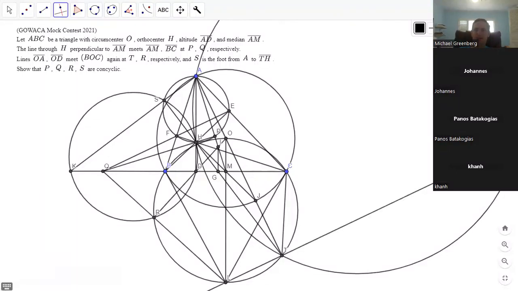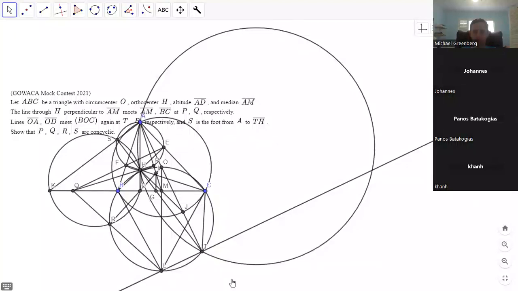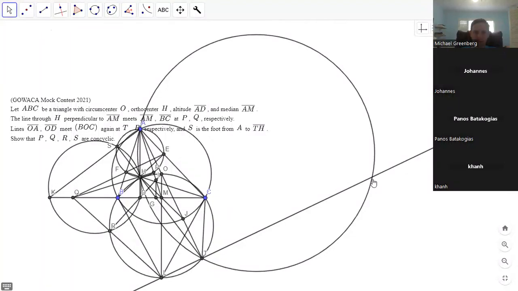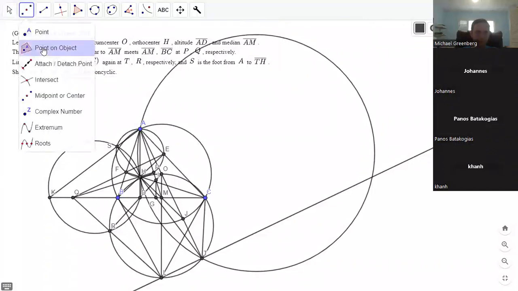So basically line LT. So that means S would go to this point all the way off. S would go to this point right here. All right.